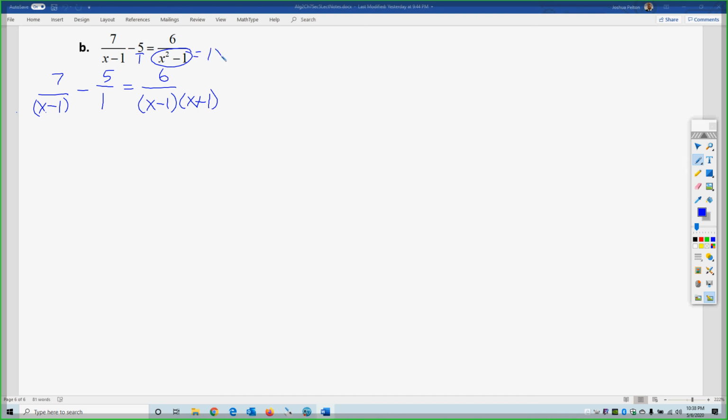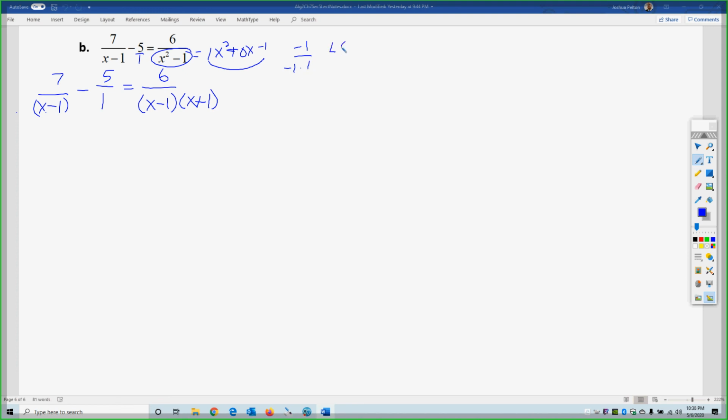This is 1x squared plus 0x minus 1, right? So we need to break up 1 times negative 1 is negative 1. And the factors of negative 1 are negative 1 and positive 1, hence the two factors. All right.